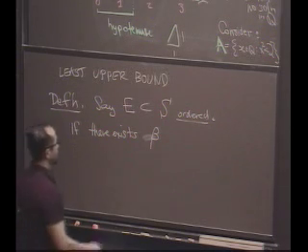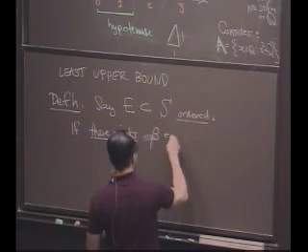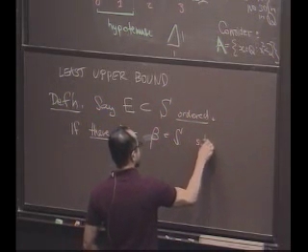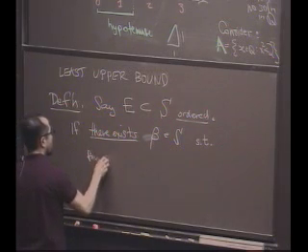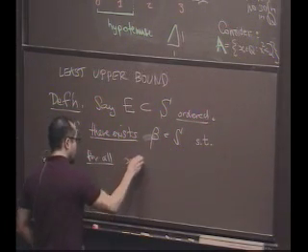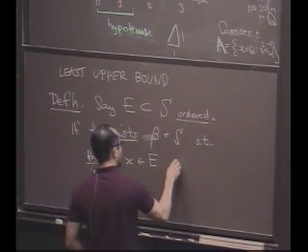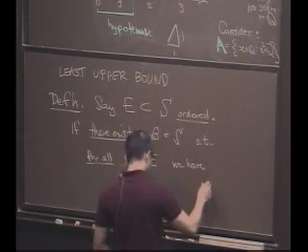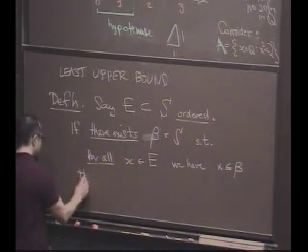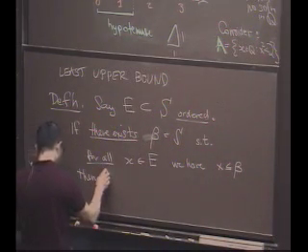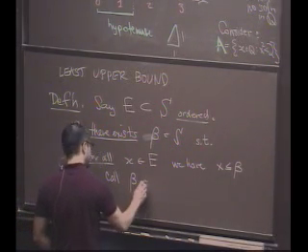If there exists beta in S such that for all x in E, we have x less than or equal to beta, then we'll call beta an upper bound.